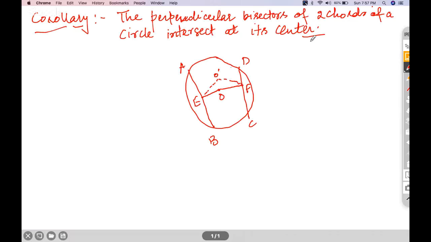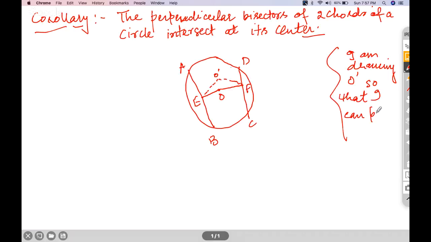So why am I drawing O dash? I am explaining here. I am drawing O dash so that I can prove that O and O dash coincide.